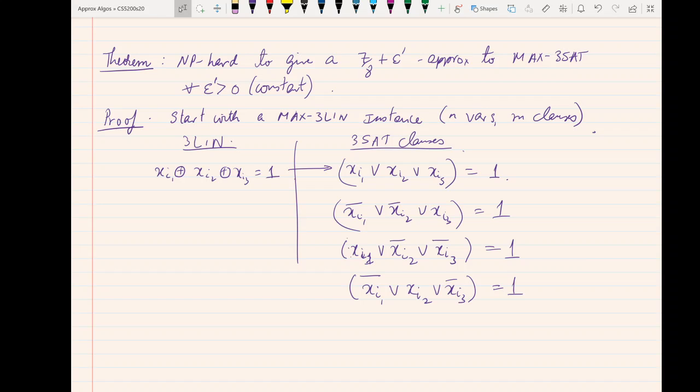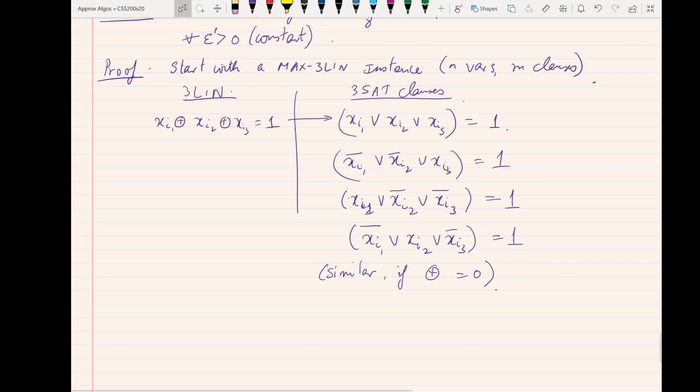Okay, so the 3-SAT instance, I'll leave writing out the explicit equations to you. Now it's easy to verify the following. First of all, some simple observations. The 3-Lin instance has m equations, and the 3-SAT instance has 4m clauses, right?